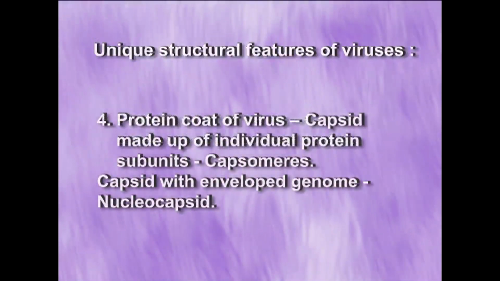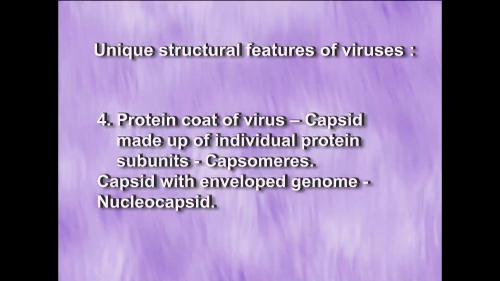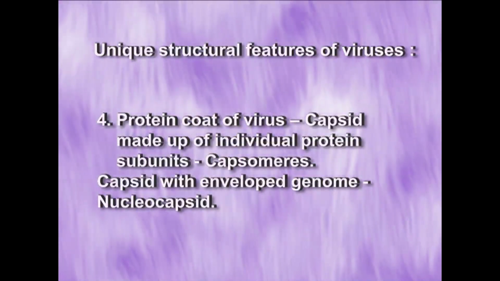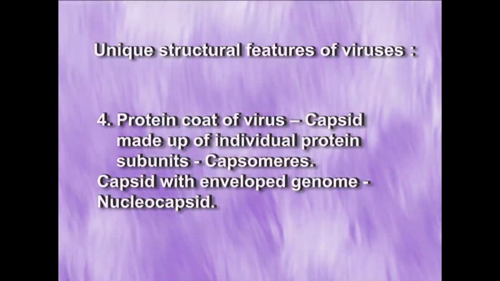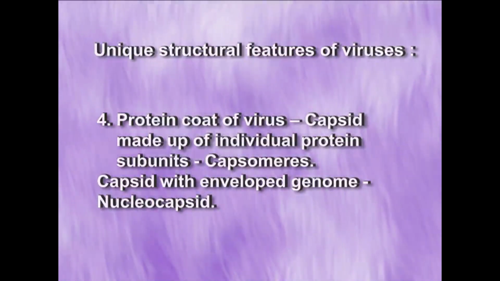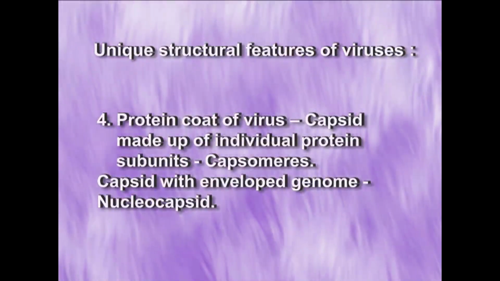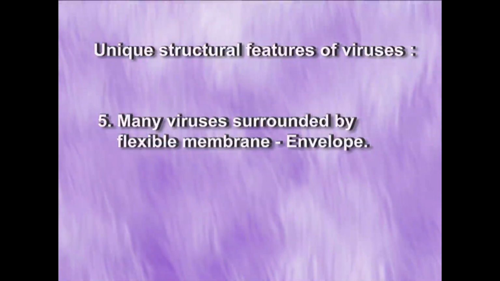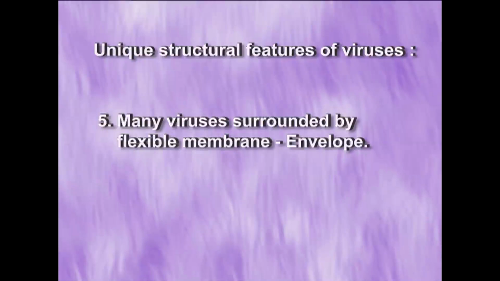The protein coat of the virus, which they called the capsid, was made up of individual protein subunits called capsomeres. The complex of capsid with nucleic acid was called the nucleocapsid. Then many viruses were surrounded by flexible membranes called envelopes.